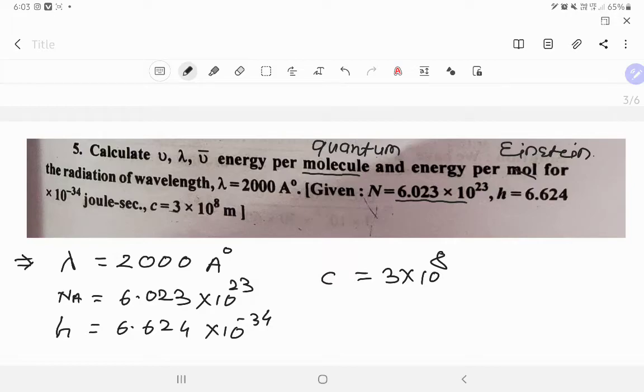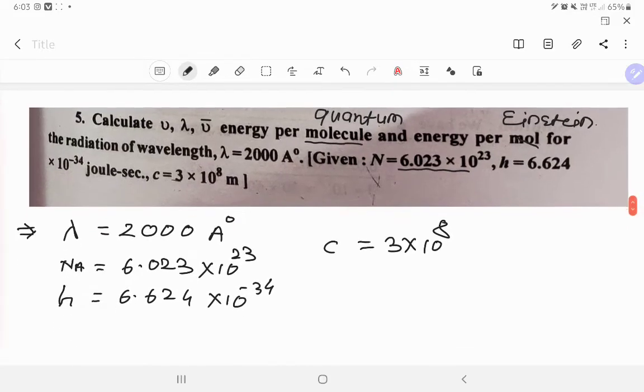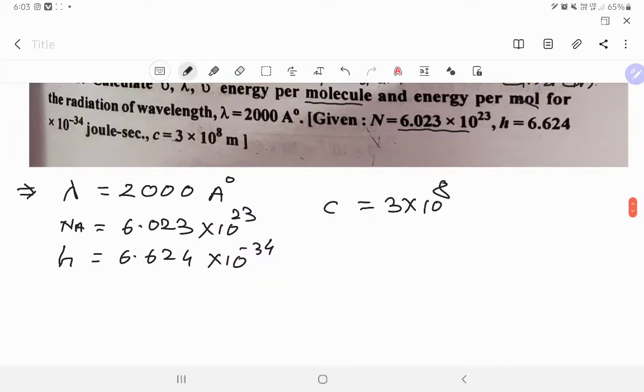Now what is to be calculated? We have to calculate nu. We know the general equations. Nu is equal to C upon lambda. C is given, velocity of light.